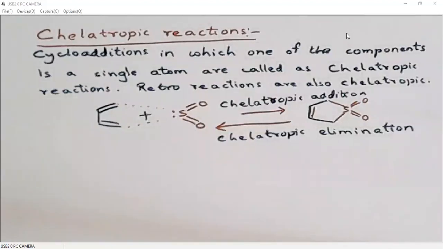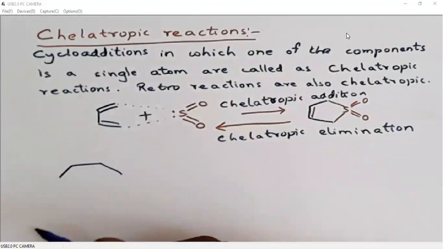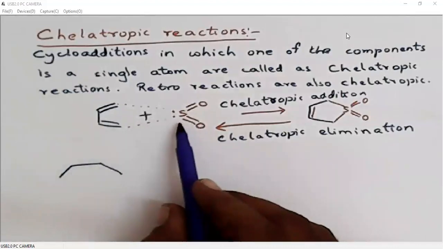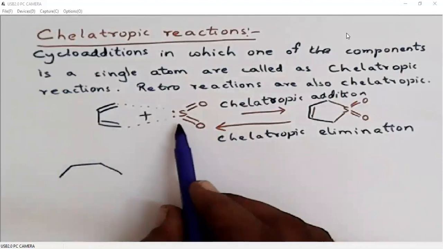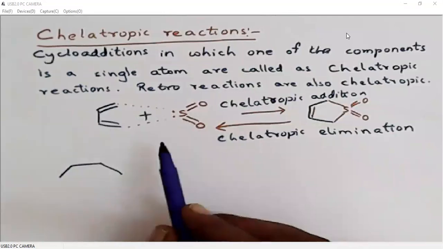When we want to show the mechanism, we use molecular orbitals to explain bond formation in pericyclic reactions. There are two possibilities: the HOMO of the diene and the LUMO of sulfur dioxide will undergo bond formation, or the LUMO of the diene and the HOMO of sulfur dioxide will undergo bond formation.